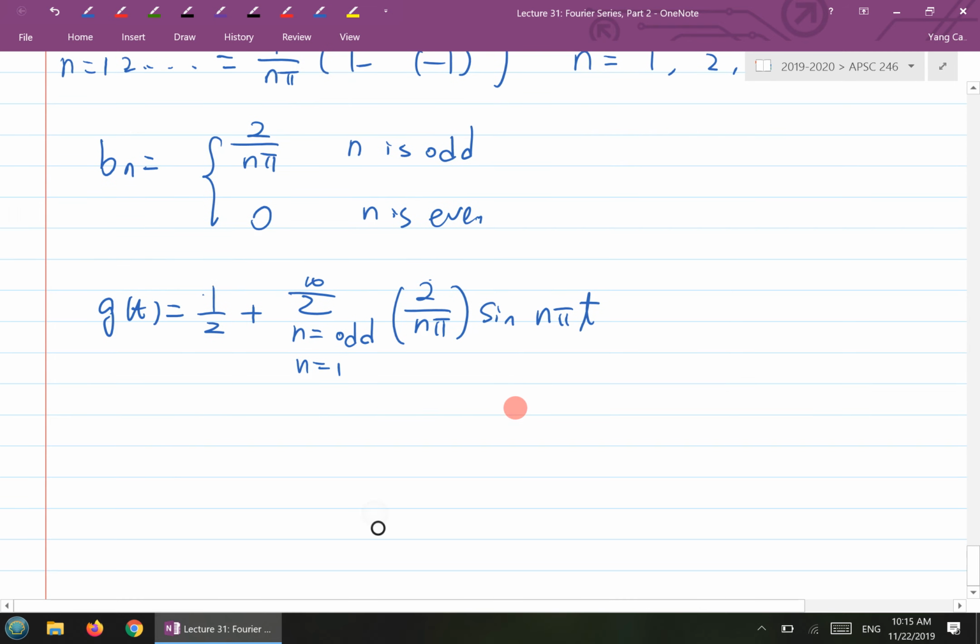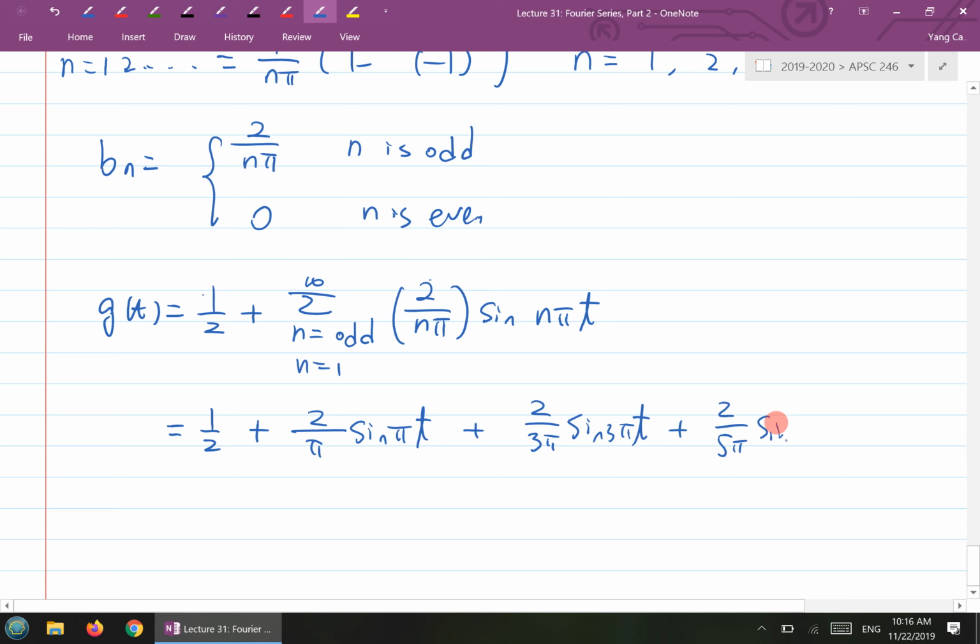You can write down a few terms here. Starting from n equal to 1, so 2 over pi sine pi t, plus n is odd, so the next is 3, and the next is 5, right? So then you can keep going. So that's g of t.